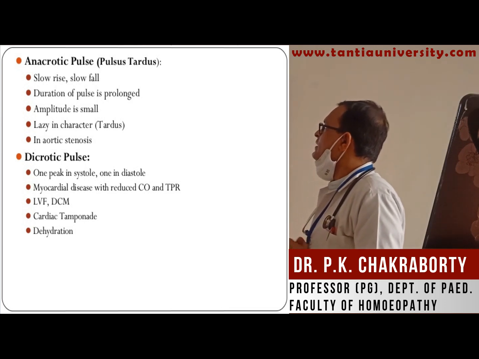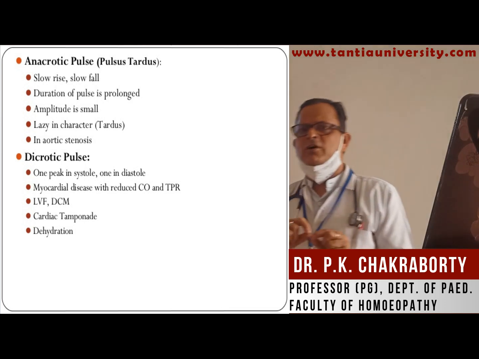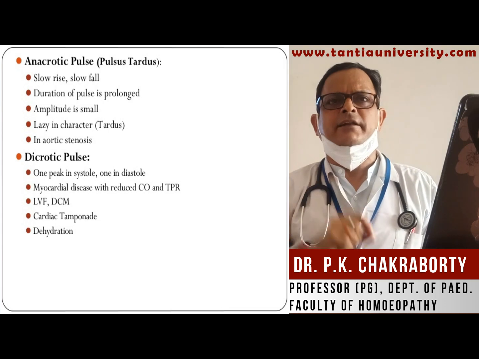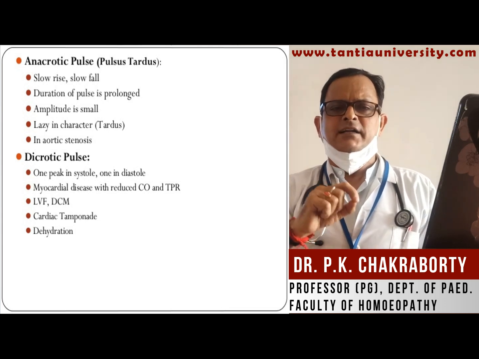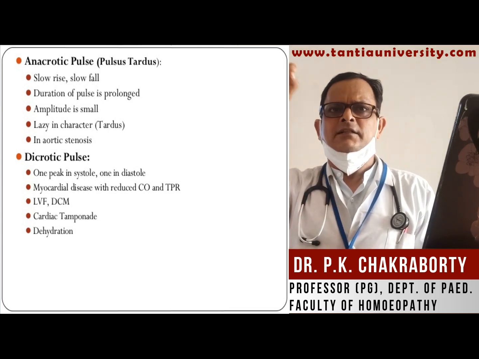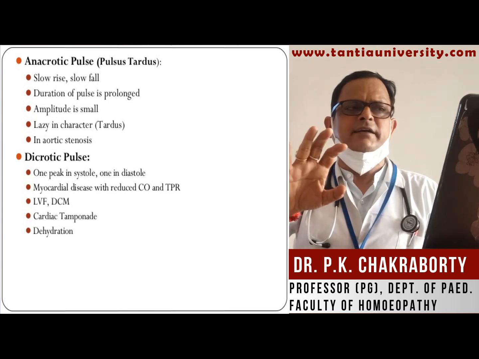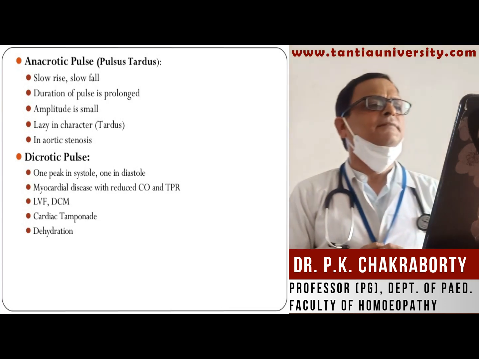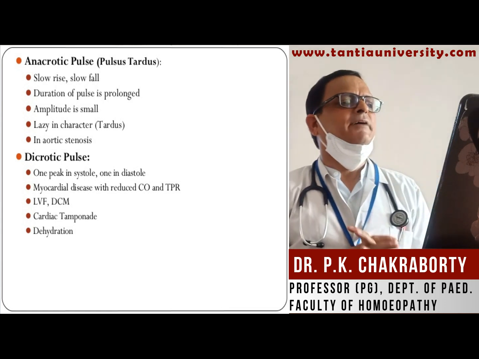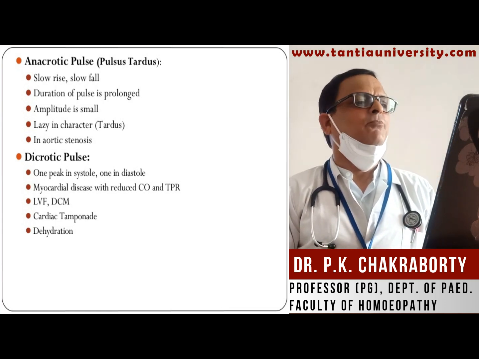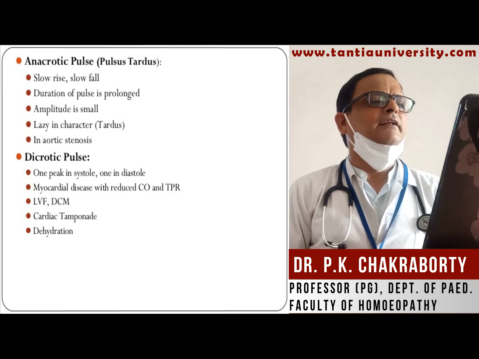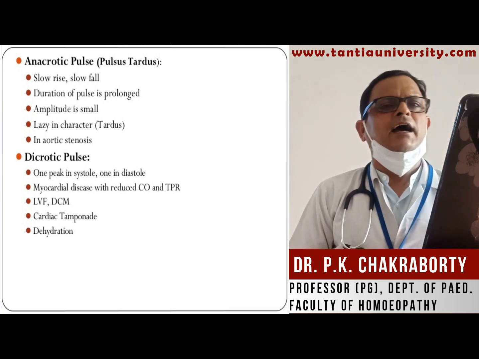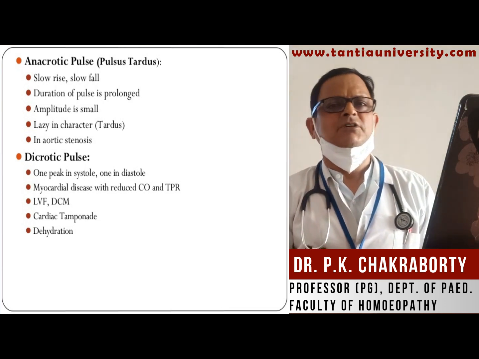That is a slow rise. This is not the sharp rise that we have seen in the normal pulse. There is slow rising and slow falling of this curve, the duration of the pulse is very prolonged, the amplitude is very small, a very lazy character of pulse you will get, and it is very commonly found in aortic stenosis cases.